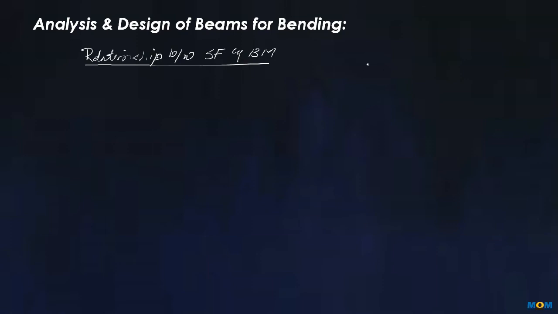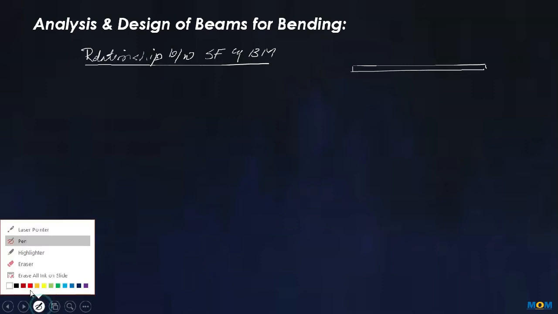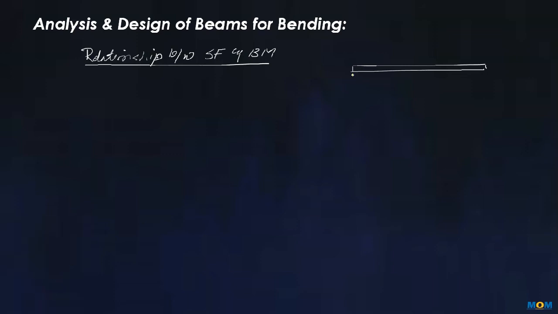Let's say we have a simply supported beam. One end is supported with the pin support and the other end with the roller support.